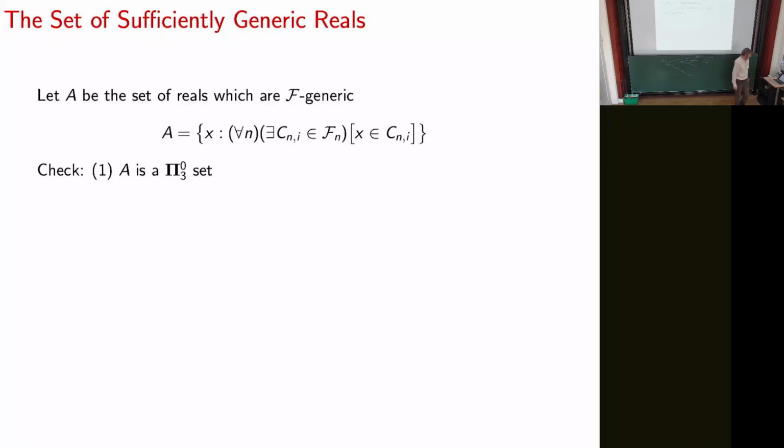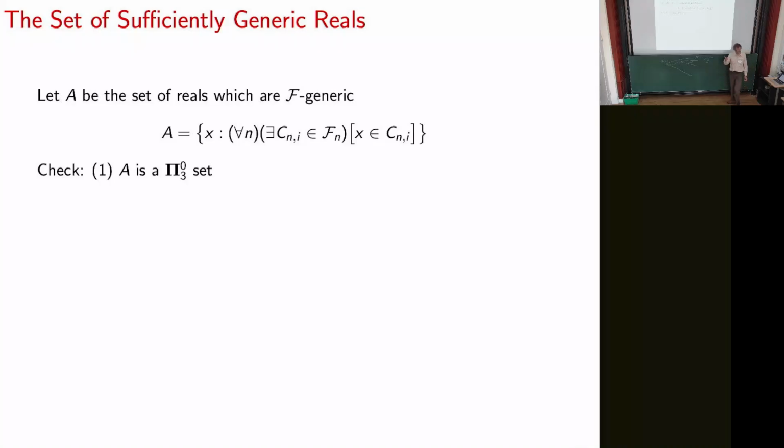It's the set of reals that are generic. So for every i, the real is a path through one of these thinned out neighborhoods in the iterative application of Besicovitch's theorem. Okay, so it says for all n, there exists one of these thinned out sets, C_n^i, in the collection of sets that we constructed by applying Besicovitch's theorem, and X is an element of that closed set.